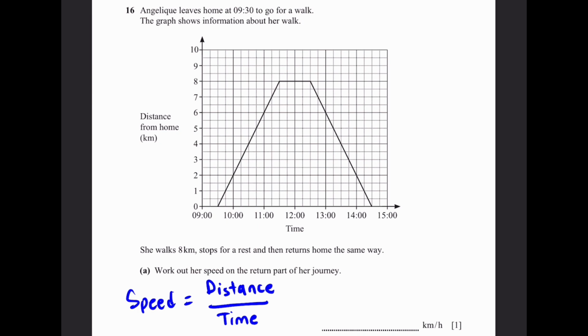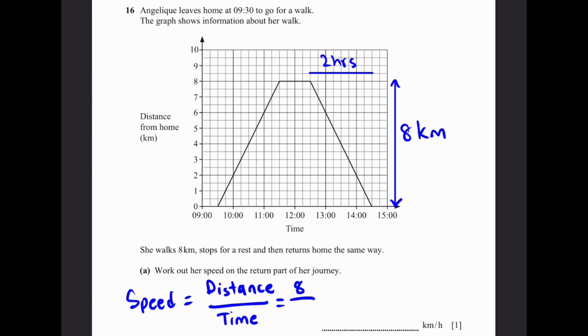What is the distance traveled? If you look here, it is 8 kilometers. So it will be 8 divided by the time taken, which is 2 hours.